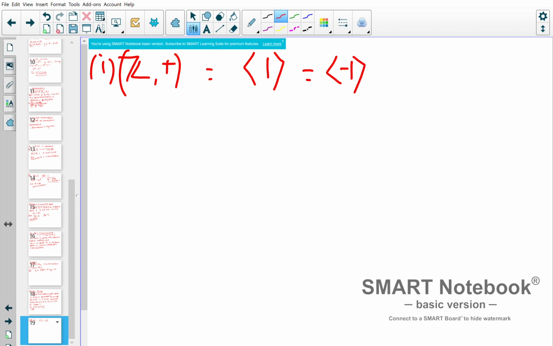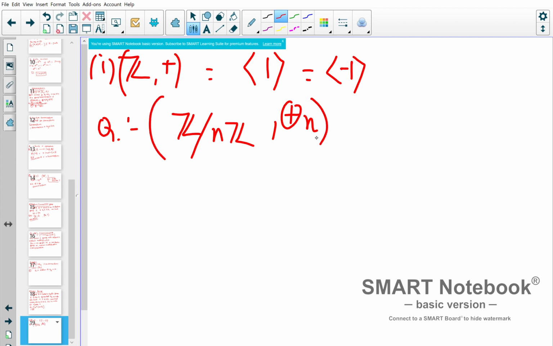And my homework question. Now, in that group, Z mod n Z with respect to the modulo n operation, first, is it a cyclic group or not?